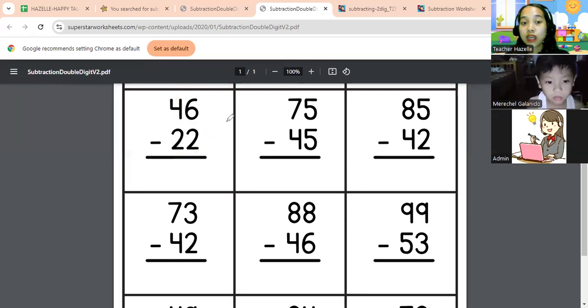Six minus 2 equals 4, correct? And then 4 minus 2 equals... so you have 4, you're going to take away 2. All right? You can do it.